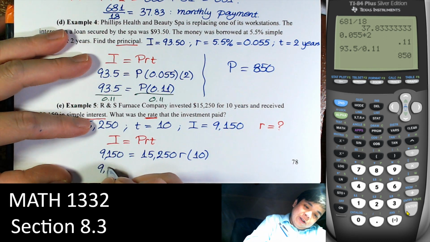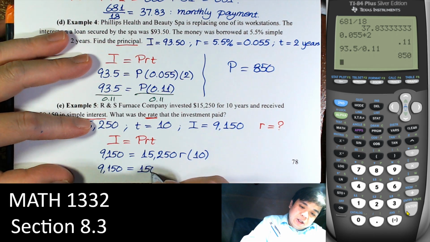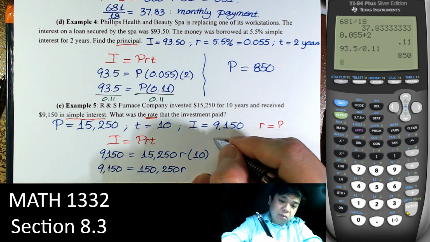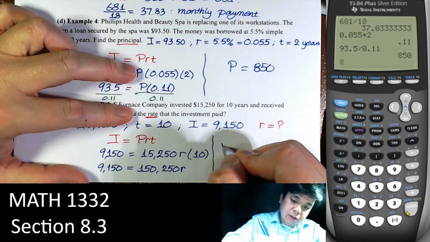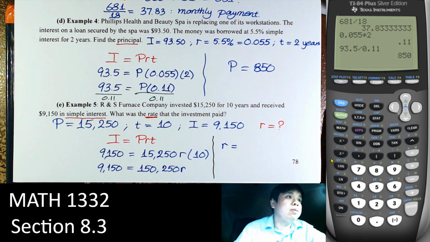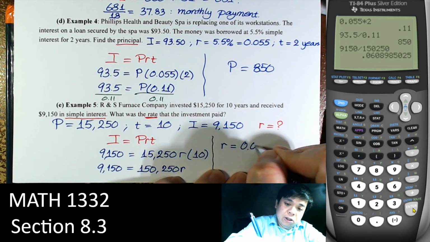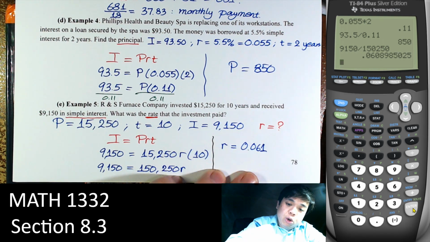So 150,250 times R. And divide by that from R. Let's round that to 0.061.